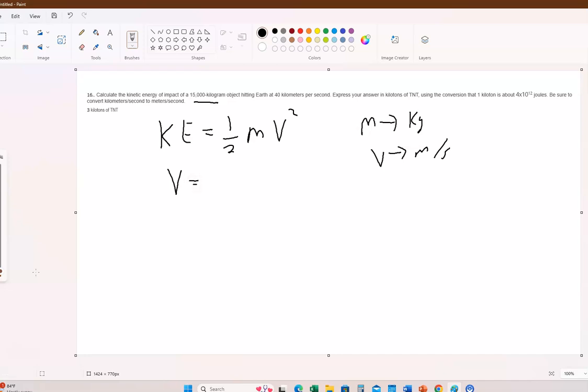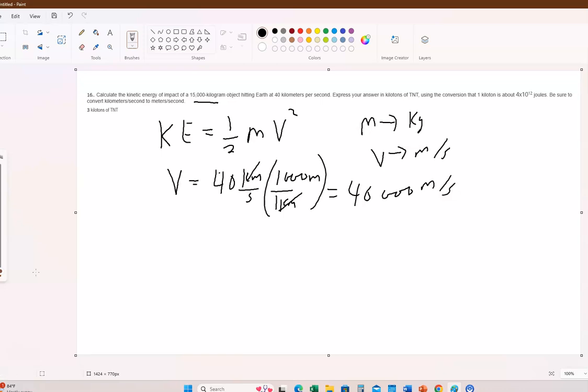The velocity is 40 kilometers per second. And of course, I know that in 1 kilometer, there are 1,000 meters, or 10 to the third is the same thing. So this becomes 40,000, just put 3 more zeros, meters per second. Now we're ready to go.